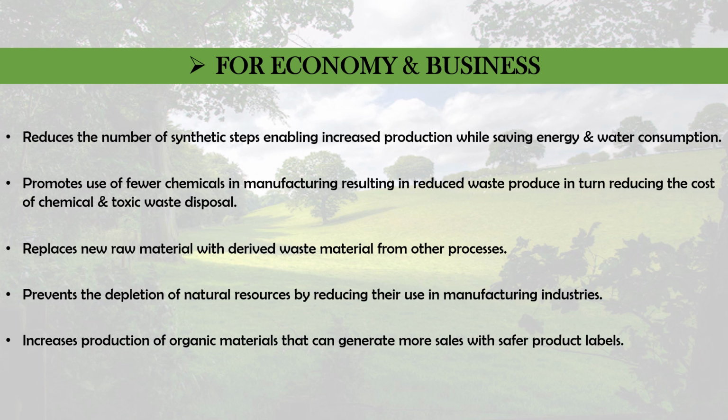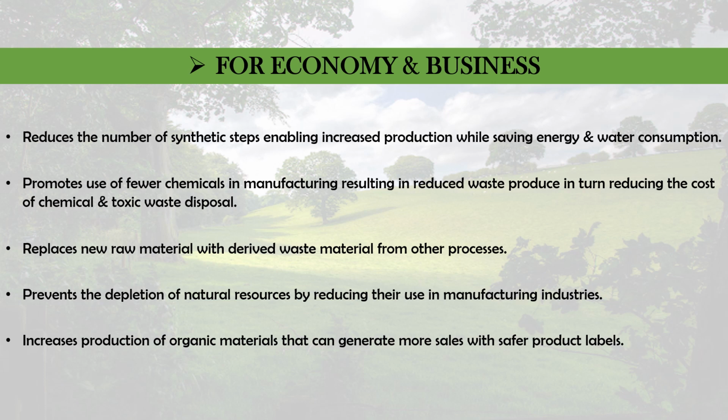And it also searches for replacements of new raw material with the derived waste material from other processes. So this is a good method for our economy, and it prevents the depletion of natural resources by reducing their use in manufacturing industries.